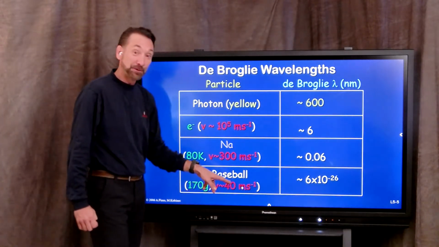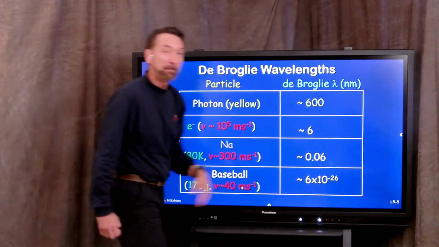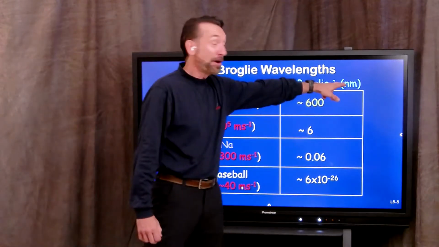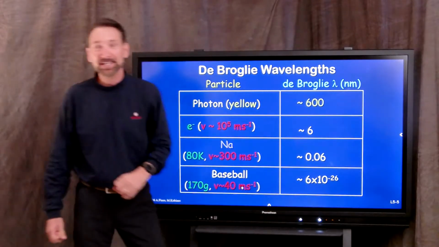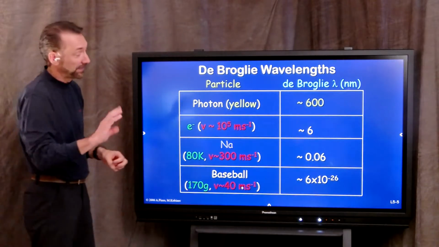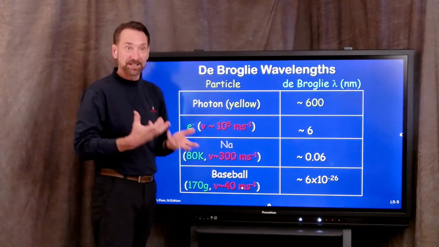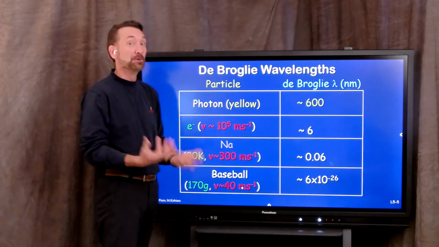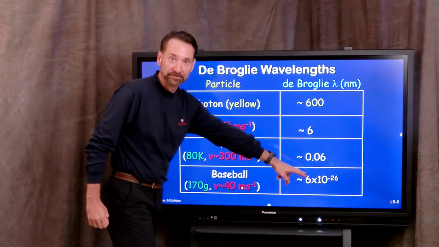But even if you can throw it that fast, it has a de Broglie wavelength of 10 to the minus 26, and we're already at nanometers. So 10 to the minus 26 nanometers, practically undetectable. What I mean is there's no means in the universe that we know of to detect a wavelength that small.